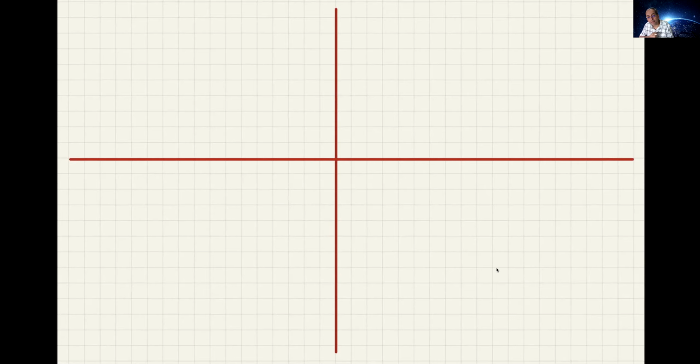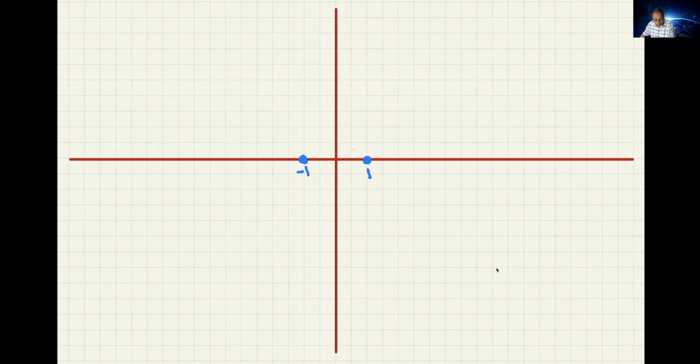And on the x-axis, we plot the x-intercepts. So for this one, I have x-intercepts at plus or minus 1. So I have -1 here, and I have 1.